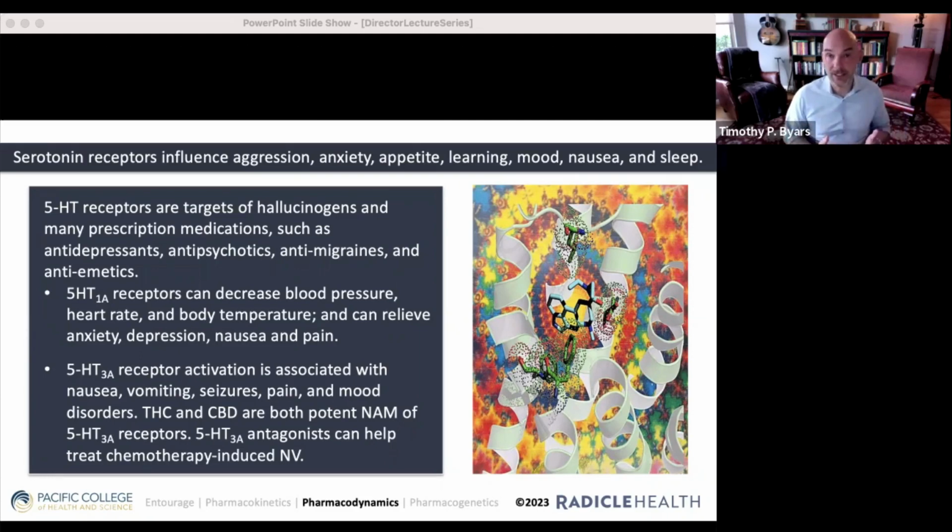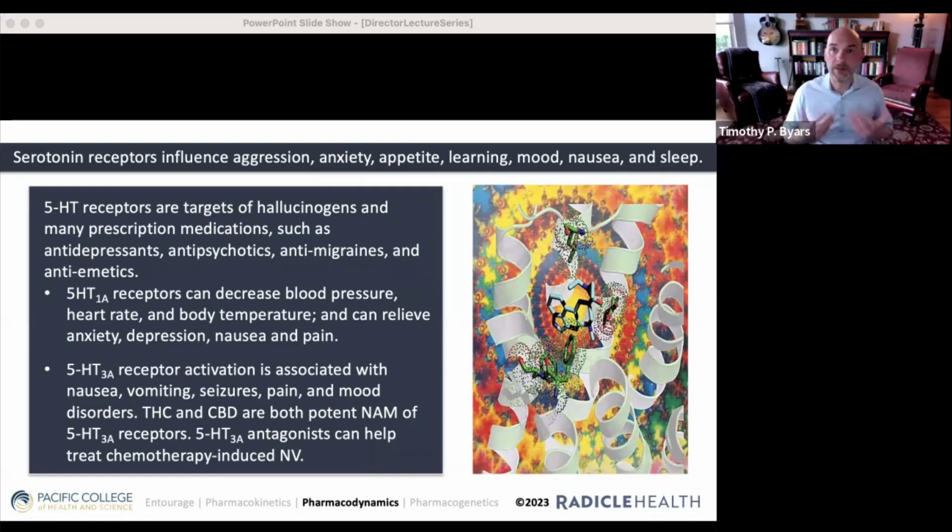Receptor activation can decrease blood pressure, it can decrease heart rate, decrease body temperature. These receptors, when they're activated, they can also help relieve anxiety and depression and nausea and pain. And there's some speculation that receptor activation can also help improve symptoms associated with schizophrenia and Parkinson's. So, these are receptors that are calming us down.